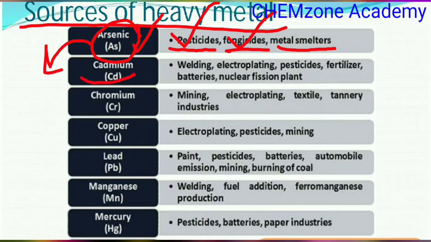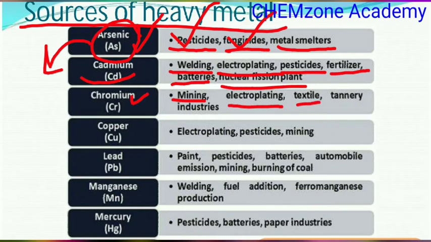Cadmium is generated by building, electroplating, pesticides, fertilizer, batteries, nuclear fission plants, etc. Chromium is used in mining, electroplating, textiles, tannery industries.